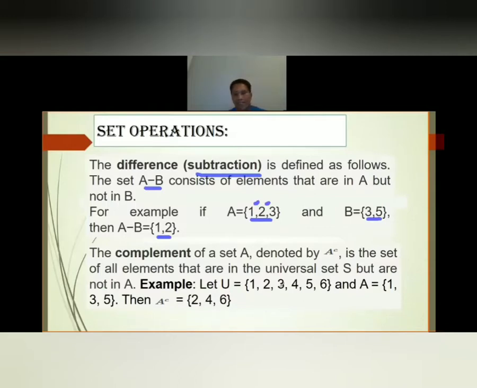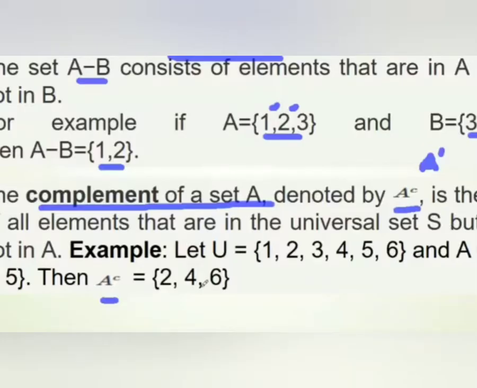The last operation is the complement. This is denoted as A with a superscript C, like an exponent. Let's say, for example, the universal set is defined as 1, 2, 3, 4, 5, 6. So just 1 to 6. And set A is defined as 1, 3, and 5.